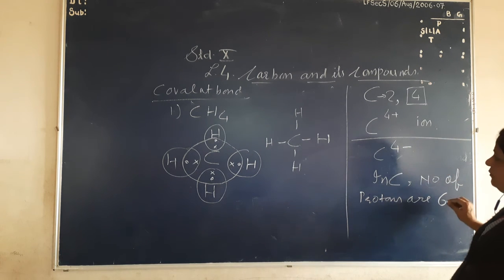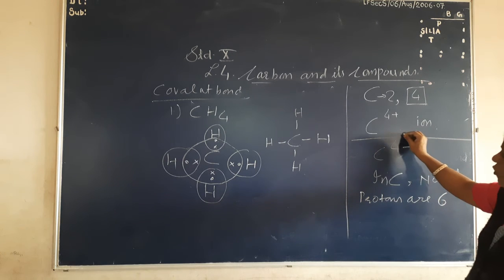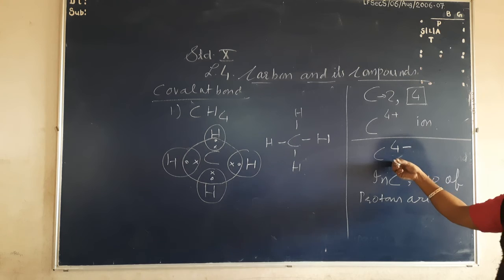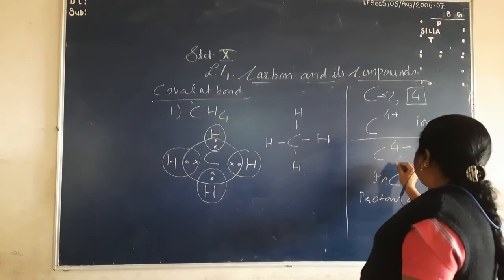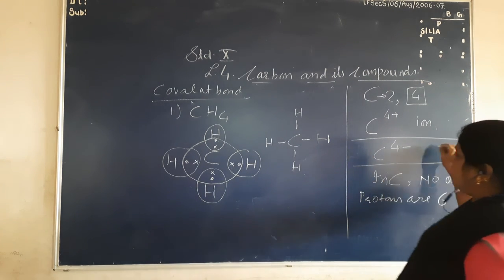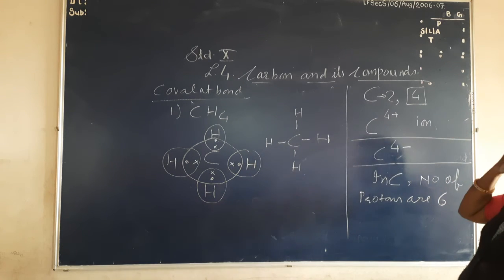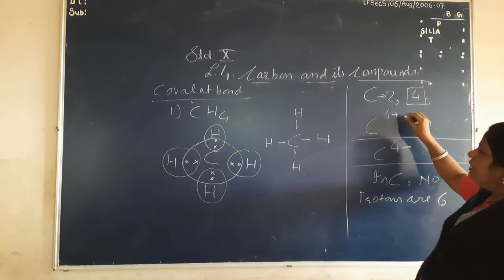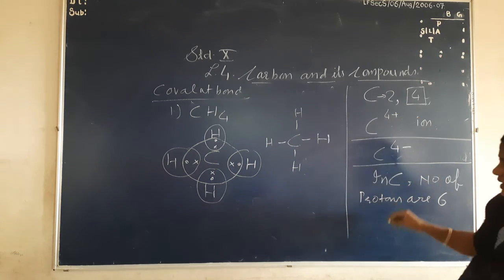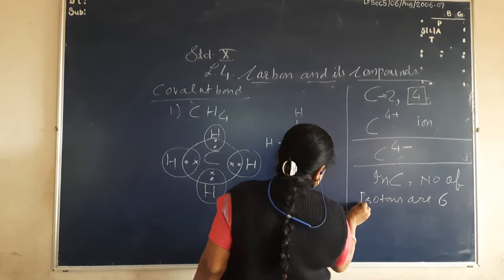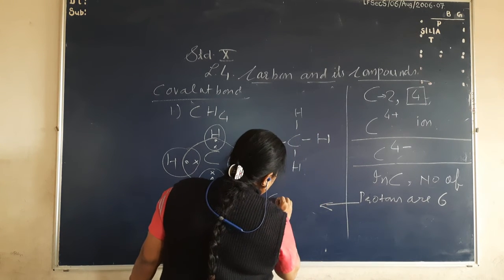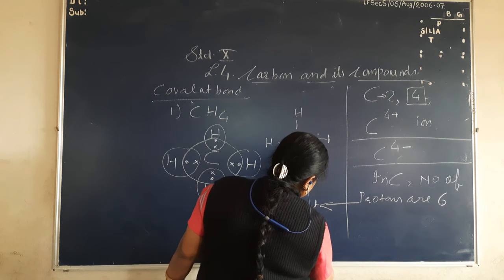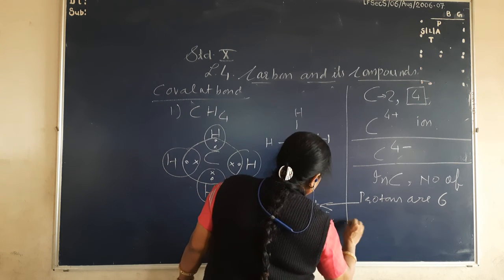But it is difficult for 6 protons to hold 10 electrons: the earlier 6 plus these 4 which it has taken from outside. So it is not possible to make a C4- ion, and a lot of energy would be needed to remove these 4 electrons, so it is difficult to form a C4+ ion. Therefore, carbon goes for covalent bond formation, sharing of electrons.